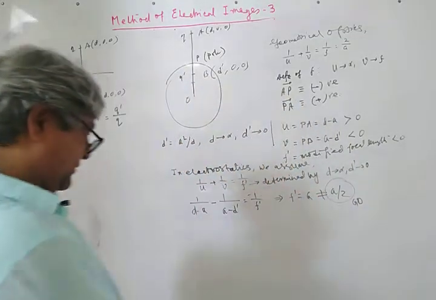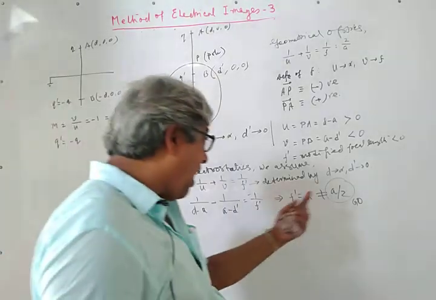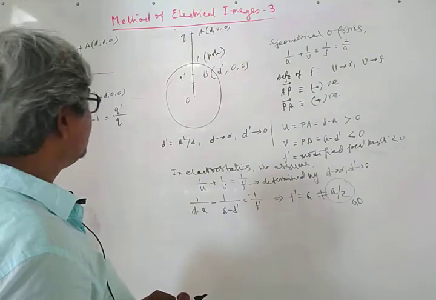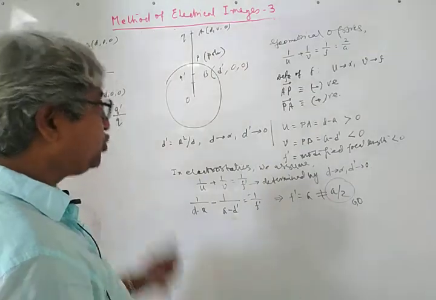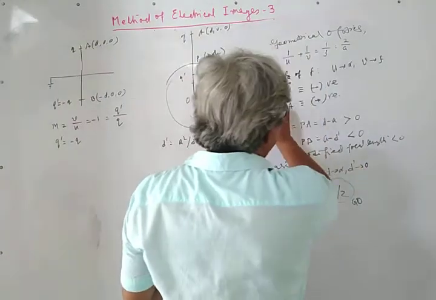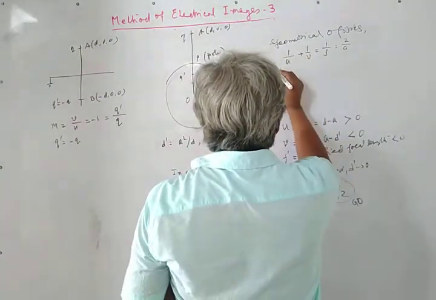This is the difference. In geometrical optics, the focal length was half of the radius. Here the focal length is equal to the radius. So we modify this definition as in electrostatics.